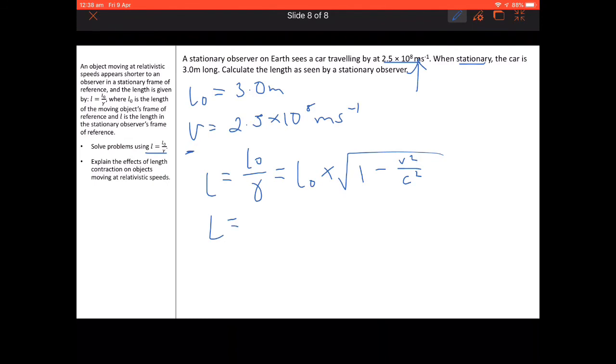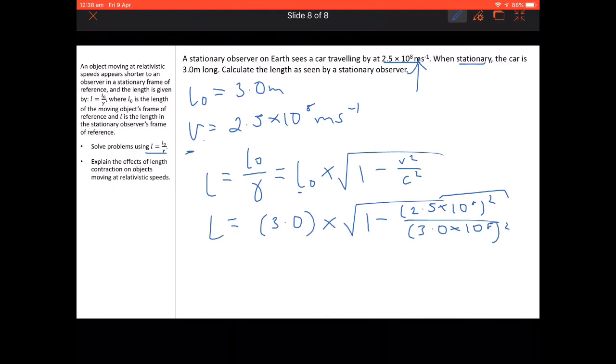So this will become 3.0 metres, so subbing into this value here, times the square root of 1 minus and then v here, so 2.5 times 10 to the 8 squared over c, 3.0 times 10 to the 8 squared, just in the square root symbol.